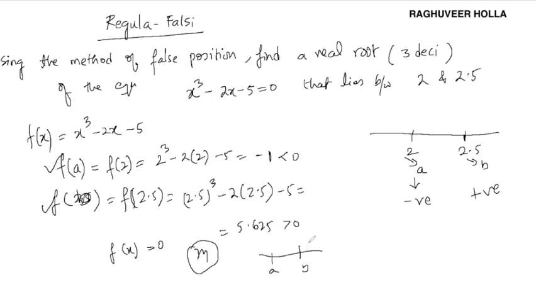So the formula for the first order approximation of the root, which is x1, is a minus (b minus a divided by f of b minus f of a) multiplied into f of a. So let us substitute this.